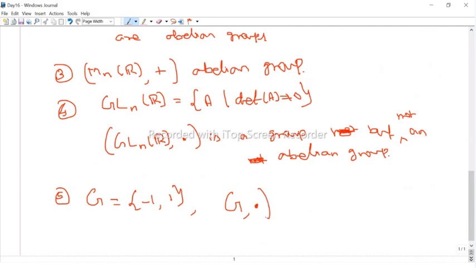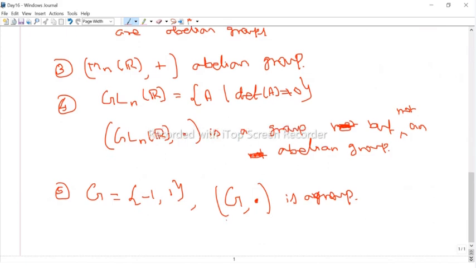Therefore, G with usual multiplication is a group. 1 into 1 is 1, 1 into -1 is -1, -1 into -1 is +1. So this is usual multiplication, and this is an abelian group. So not only a group, it is an abelian group. This is one example of a finite group.